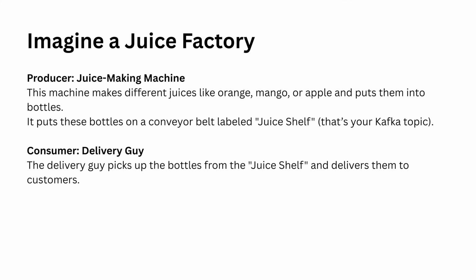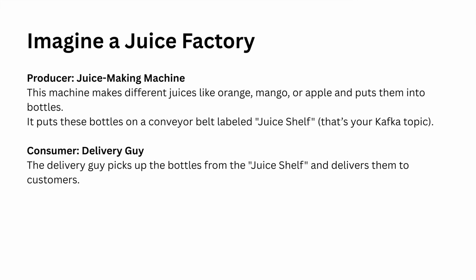Now it puts these bottles on a conveyor belt labeled juice shelf, which is your Kafka topic, right? Now consumer is the delivery guy. So the delivery guy picks up the bottles from the juice shelf and delivers them to customers.